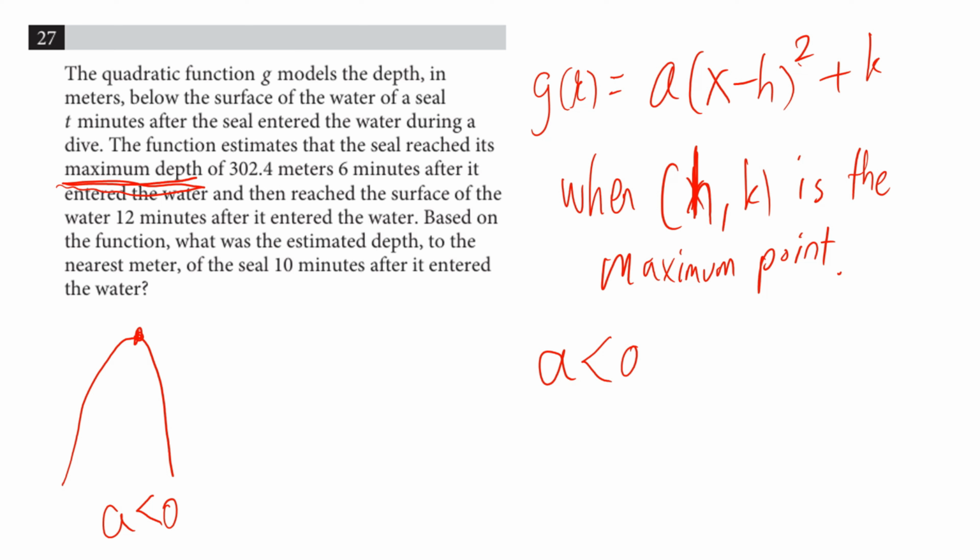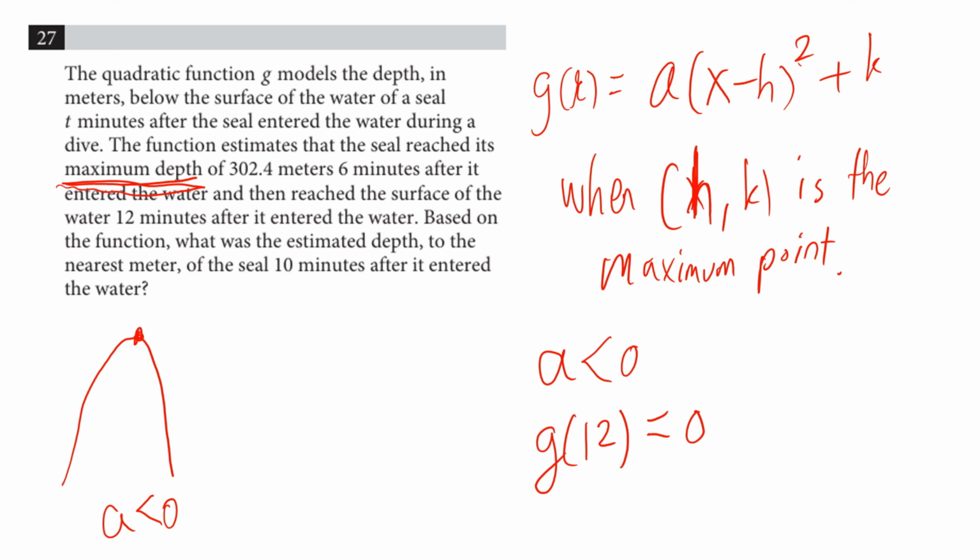Okay, so with that in mind, the other information they gave us is that the seal then reached the surface of the water 12 minutes after it entered the water, which means that when the time is 12 minutes, the depth itself would be 0.